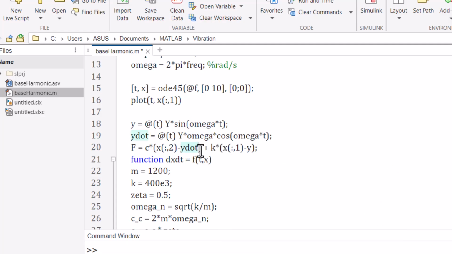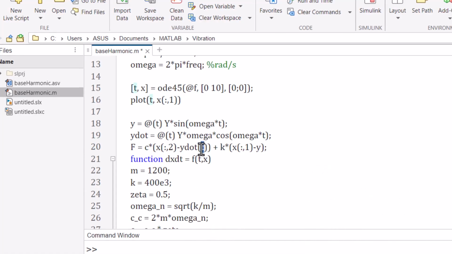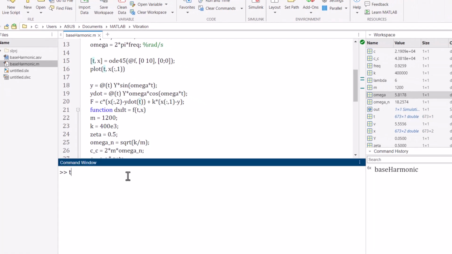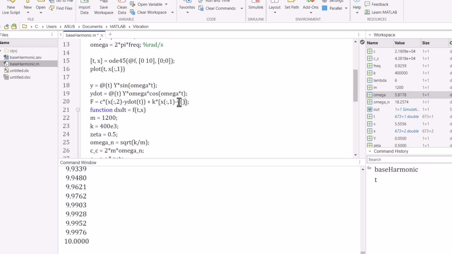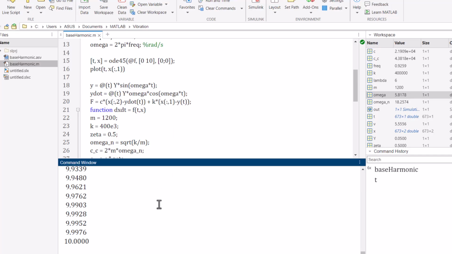So instead of Y dot and Y, I know these are functions and I can find them for every moment. So t is a column from 0 to 10. It consists of all the times of the solver, and that's the same for x. So x is actually two columns.